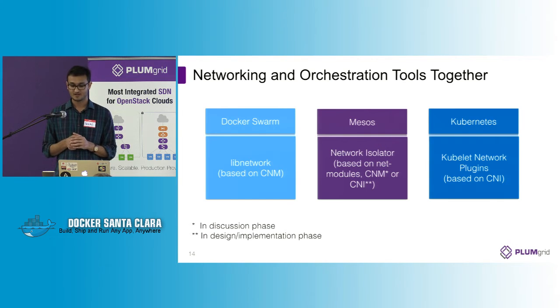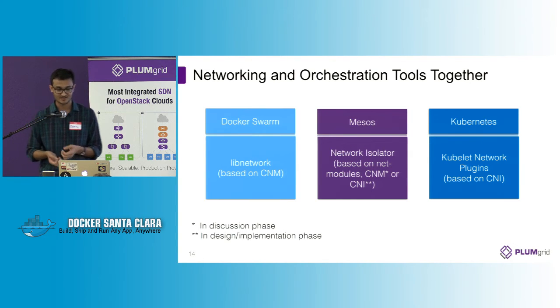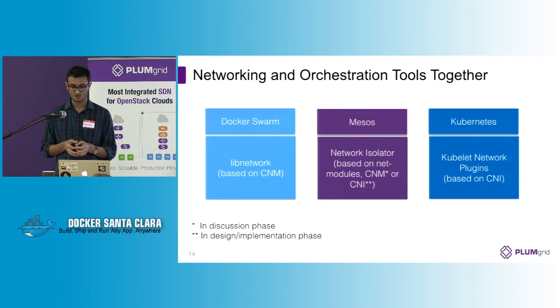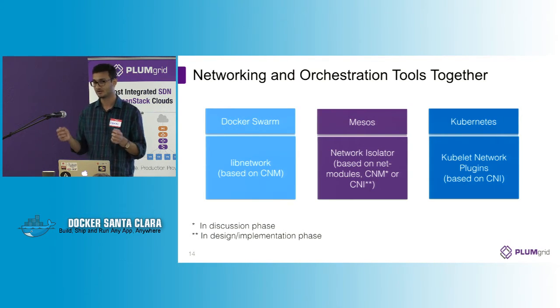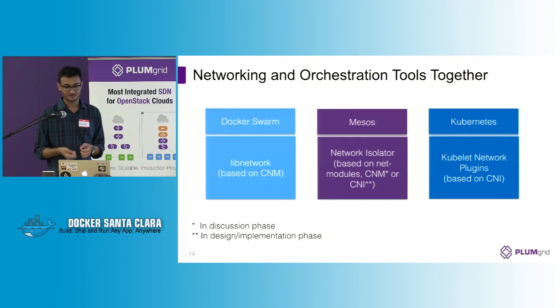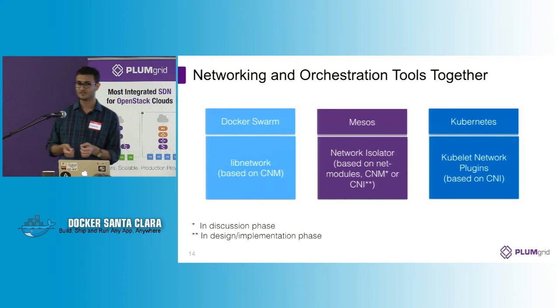And this is where there are 3 parallel implementations going on. One of them is implemented. The other ones are in the discussion and implementation phase. One of the network isolators available in Mesos is called IP per container. Every container has an IP address, and there's a project in Mesosphere, Apache Mesos, which is responsible for making it happen through a network isolator.